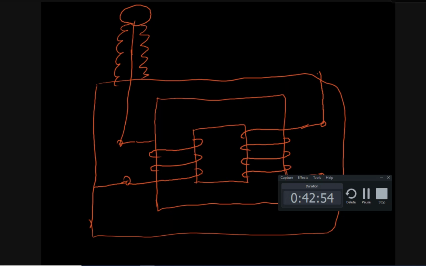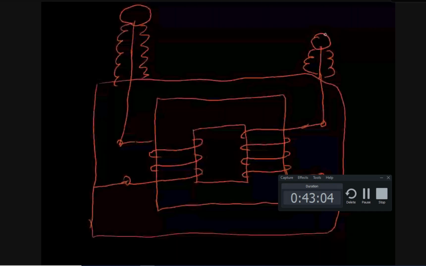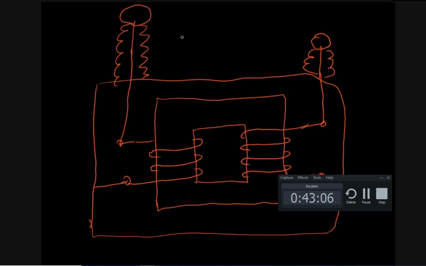There are two kinds of bushings, small bushing and big bushing. Small bushing is for low voltage winding, and big bushing is for high voltage winding. If it is a three-phase transformer, there will be three such things here, and three such things here also, one for each phase. So this is the typical structure of a transformer.